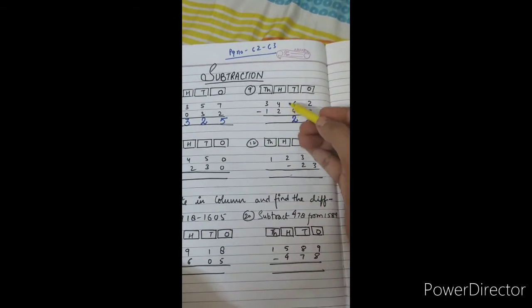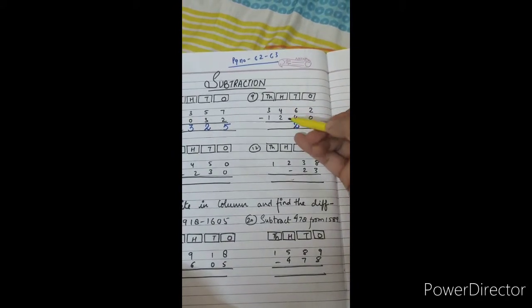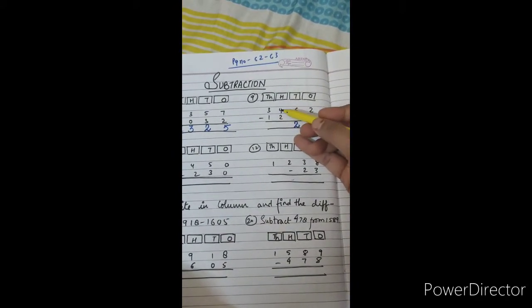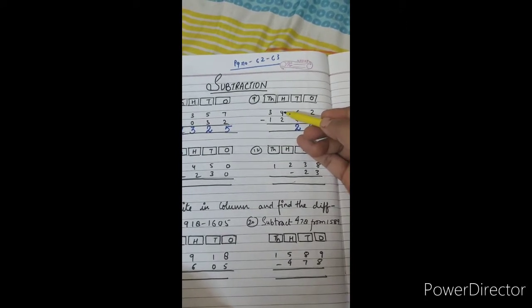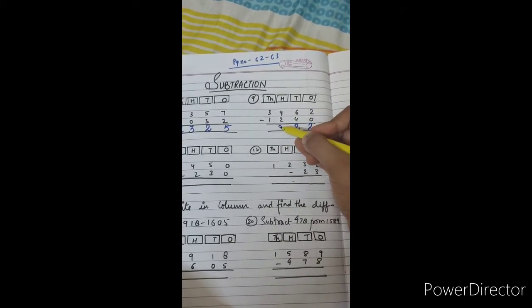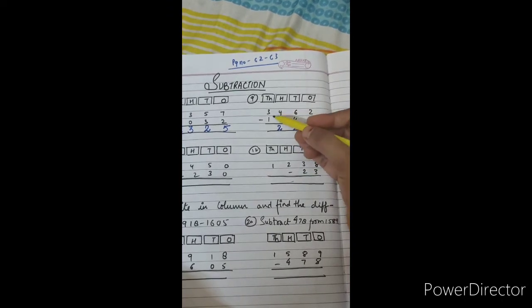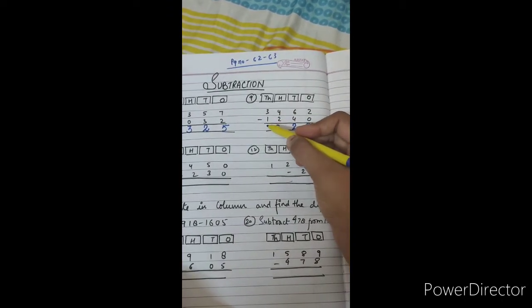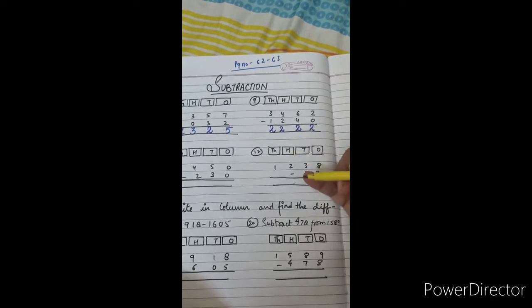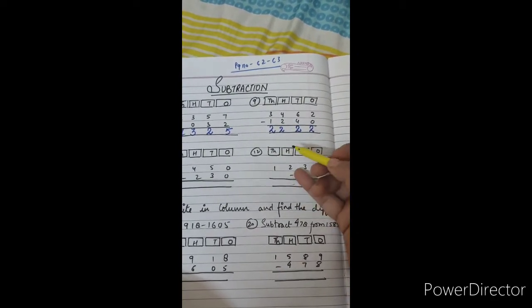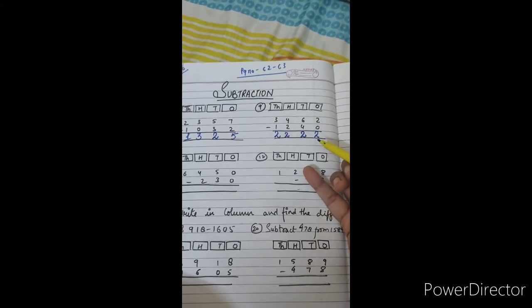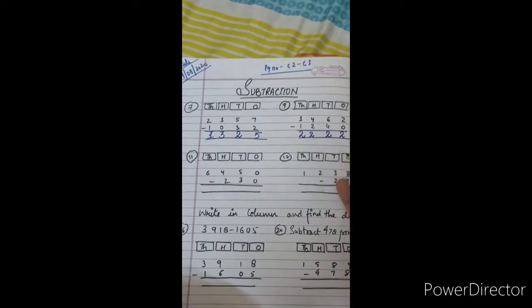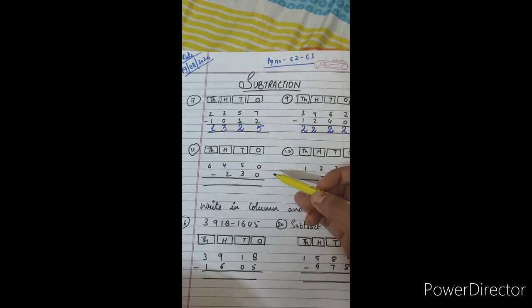Now subtracting hundreds. We want to subtract 2 from 4. We can easily subtract 2 from 4. So 4 minus 2 is 2. And 3 minus 1 is 2. Okay? So the answer is 2222. Right? Now see question number 11.